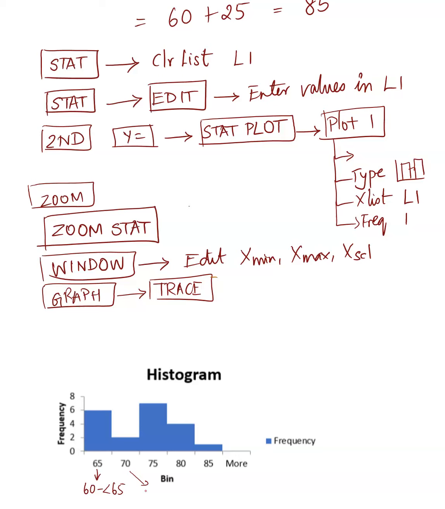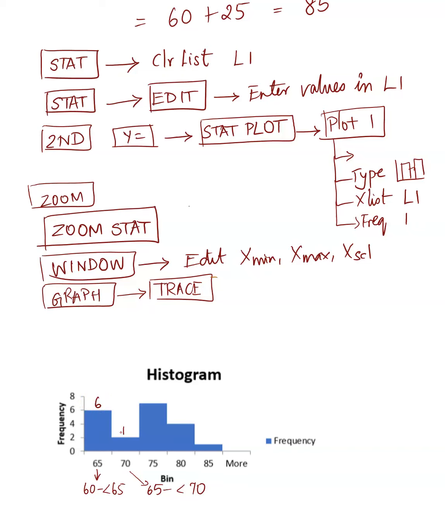So move to the second bar, and that says it is minimum 65 to less than 70, and then 70 to less than 75, and so on, right? If you look at the n values, for the first bar the n value came up to be 6. The second bar, the n value was 1.